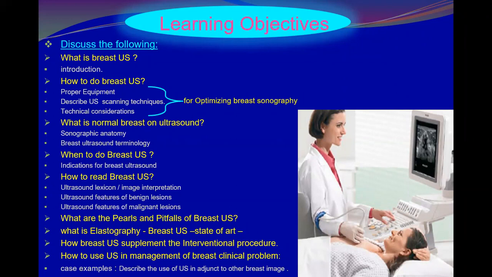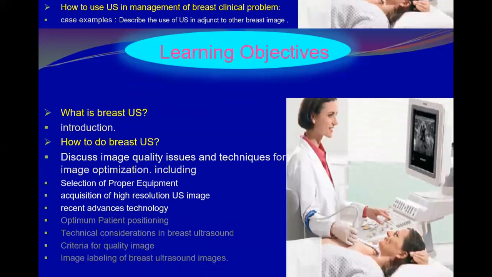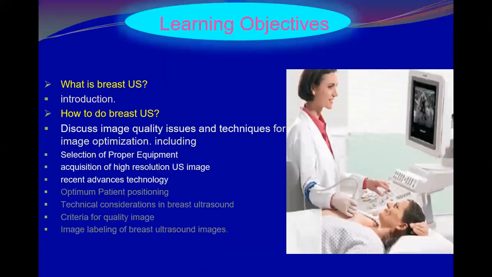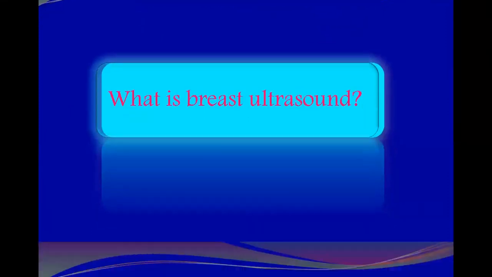And today we are going to start with the introduction and how to do breast ultrasound, discussing image quality issues and technique for image optimization, including selection of proper equipment. So what is breast ultrasound?